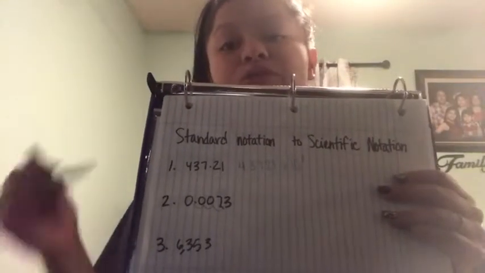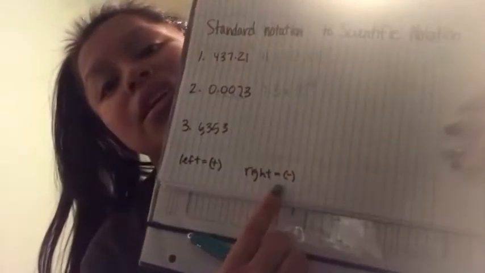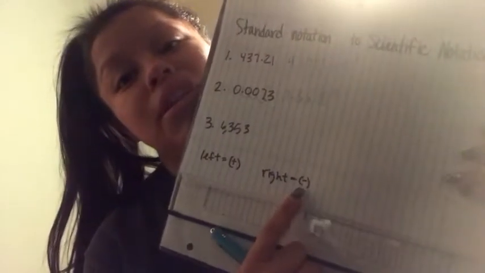We will move the decimal 3 spaces. So whenever we write that down, it'll be 7.3 times 10 to the negative third, because we moved right, and whenever we move right, it is negative.